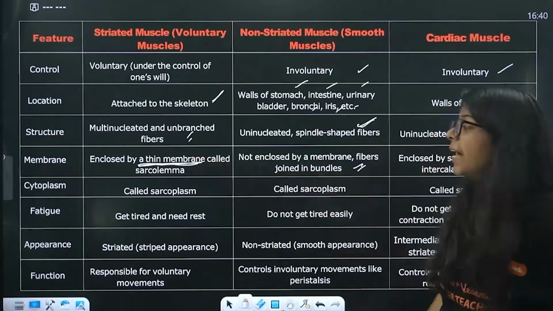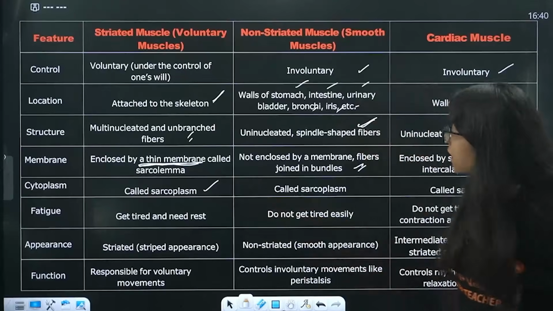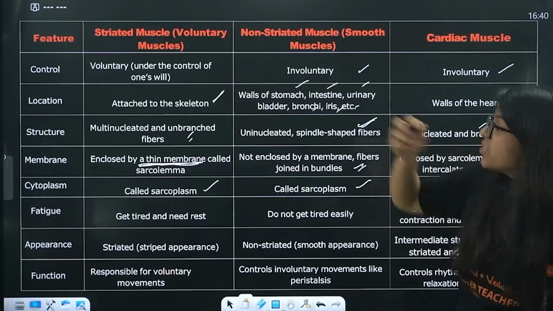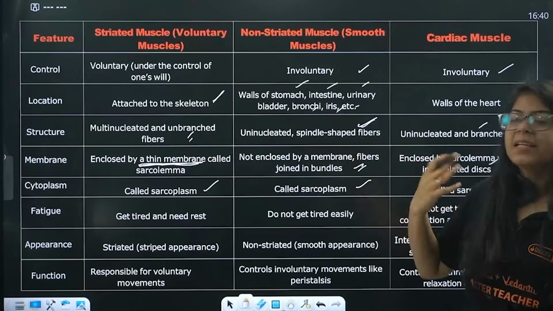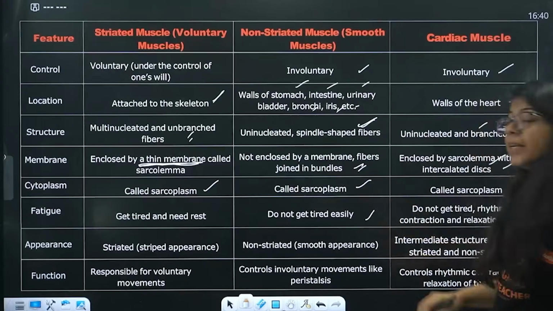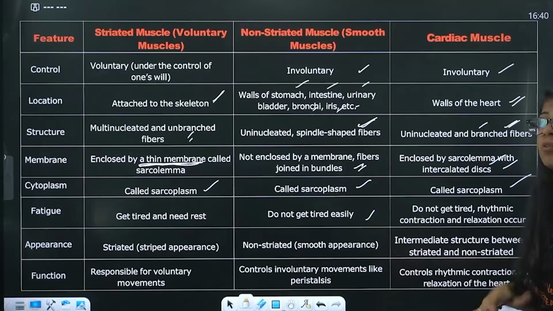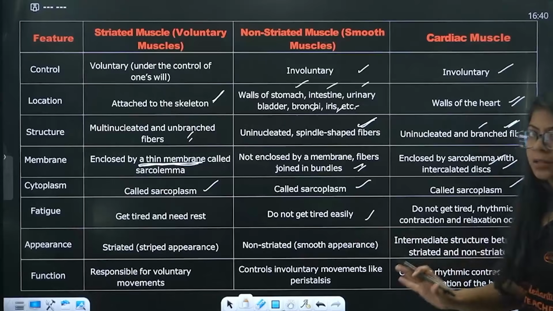Okay. The cytoplasm. In striated muscles, the cytoplasm is called sarcoplasm. Again, sarcoplasm, again, sarcoplasm. Your striated muscles, when you go to the gym, get tired and need rest. Non-striated muscles do not get tired easily, though your digestion suffers if you do some extraordinary activities. Cardiac muscles cannot get tired.